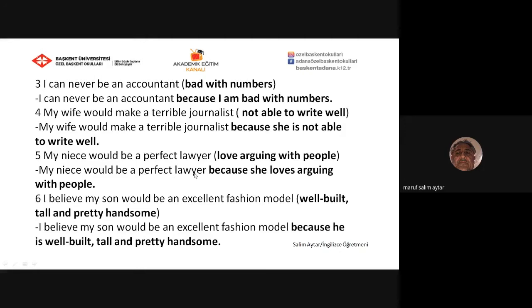And the reason for that? Because she loves arguing with people. I believe my son would be an excellent fashion model. And the sentence says, because he is well built, tall, and pretty handsome.